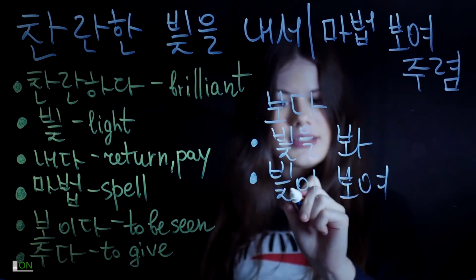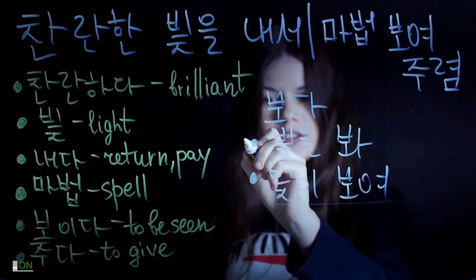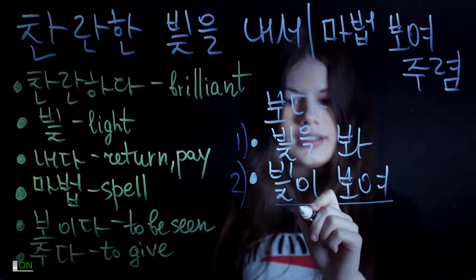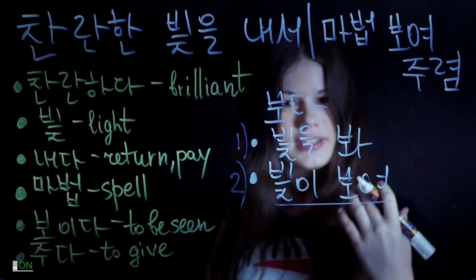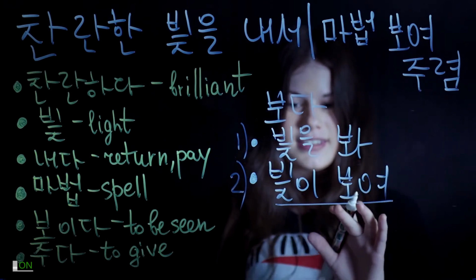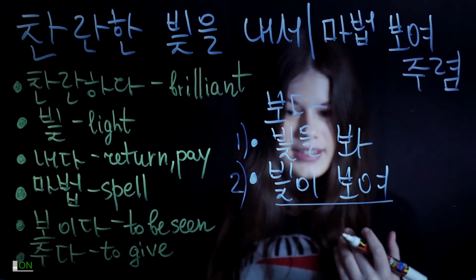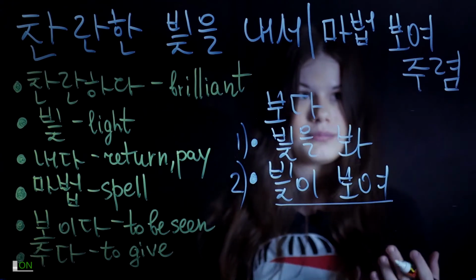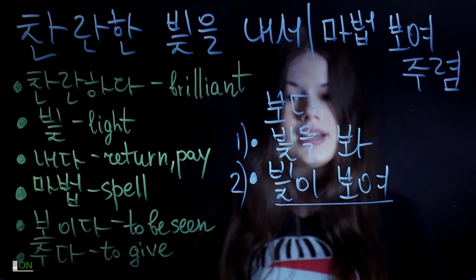And the second sentence, so this will be first, this will be second. If we were directly translating this sentence, then it would mean something like the light is seen, probably by me or someone else.